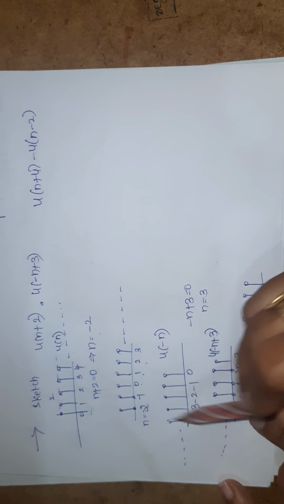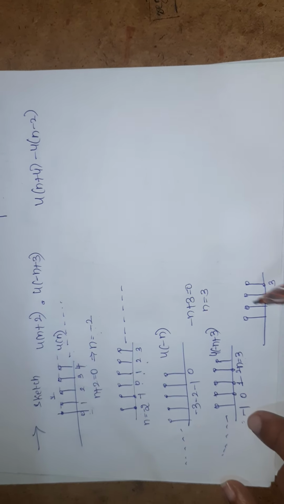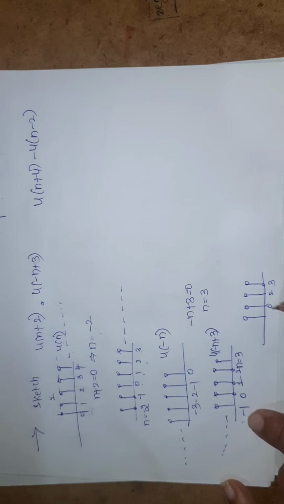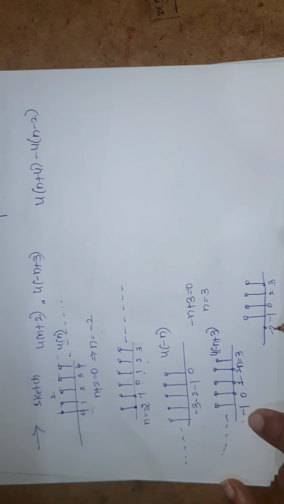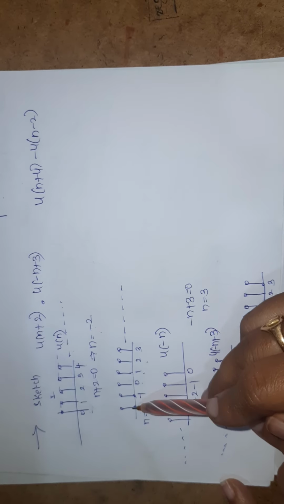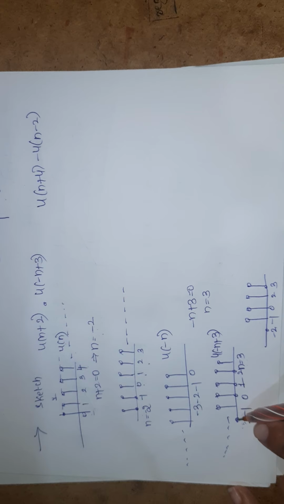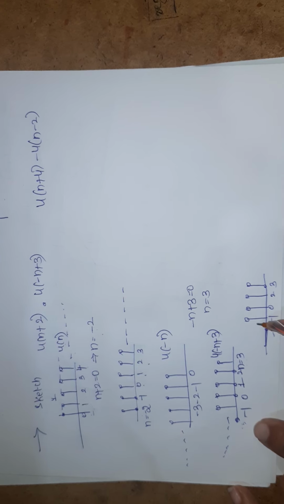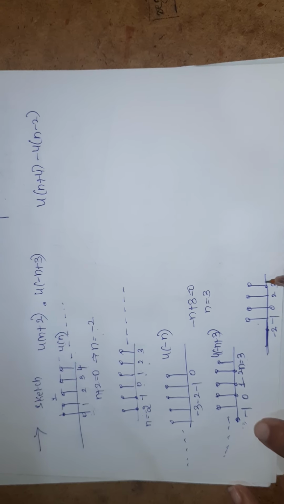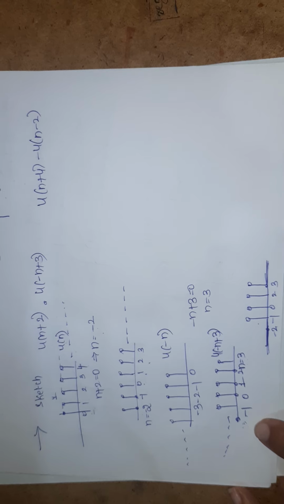Here what is the -2 sample? 3, 2, 0, -1, -2. The -2 sample here has amplitude 1. Here the -2 sample is 0. So 1 multiplied with 0 will get 0. So here no samples and right side no samples.